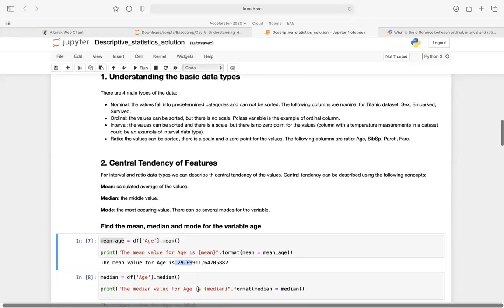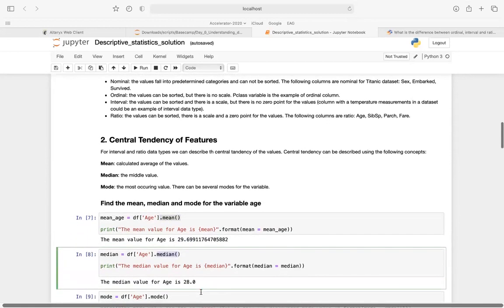Yeah. And if I talk about the median, it's pretty much similar to what we did for the mean. So df column age, then dot median. And if I print it, the median is simply 28, which makes sense because my average age is 29.69 and the central number in the age is 28.